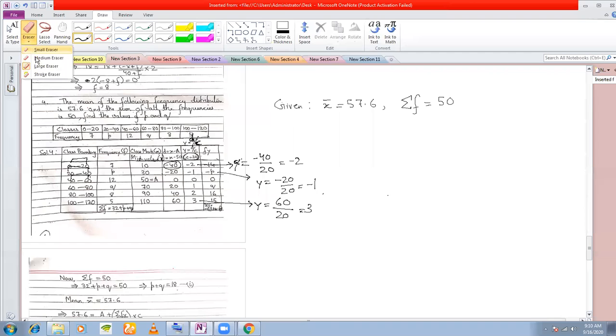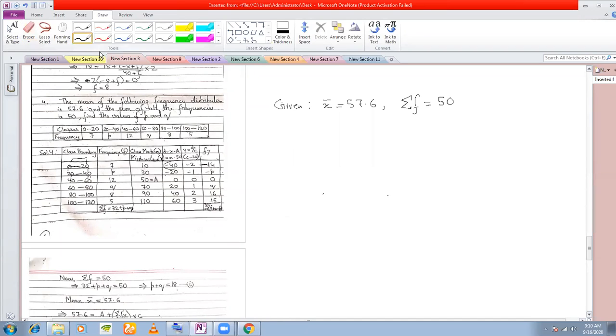Finally, you know the formula for the mean contains summation fy, the product of frequency and y. Mean x bar is equal to a plus sigma fy divided by sigma f. So you have a sigma fy here, which is why you make the last column for f into y.